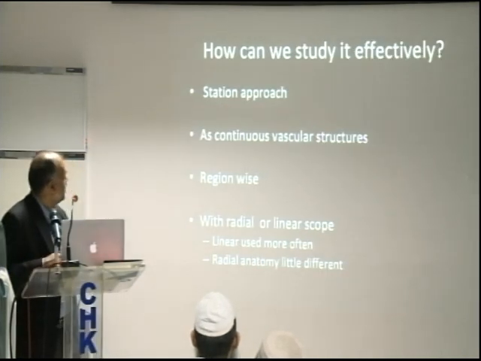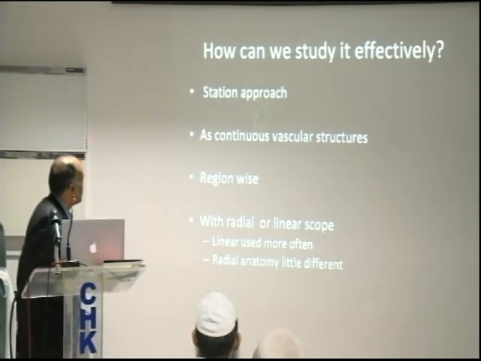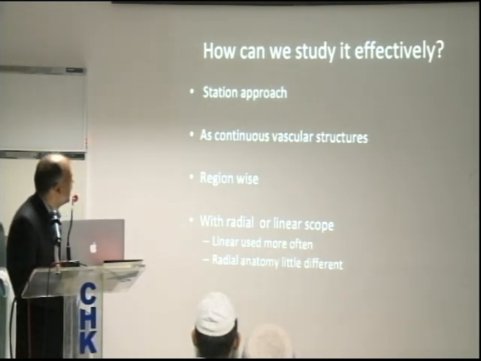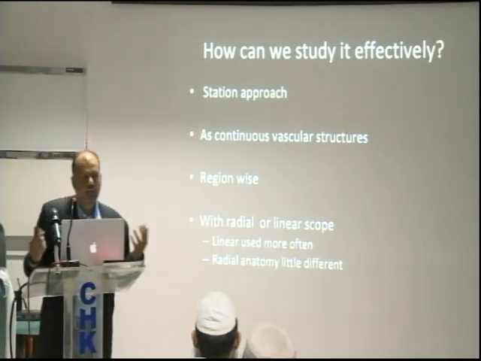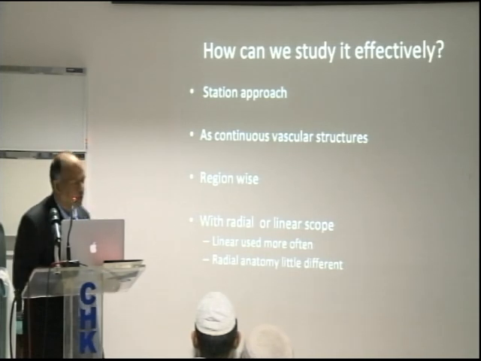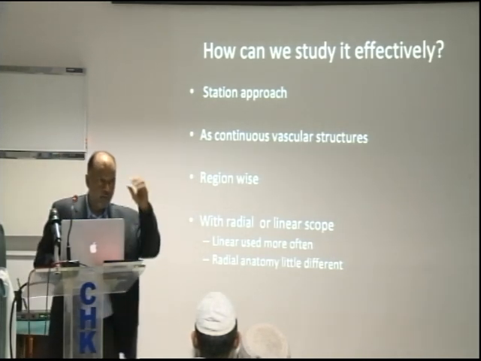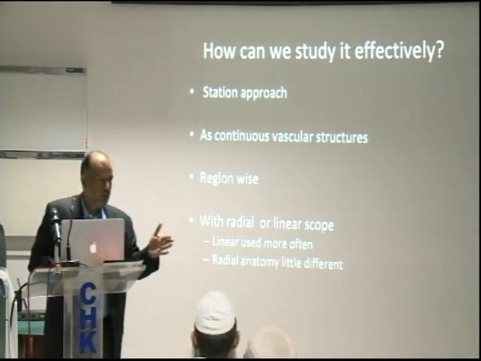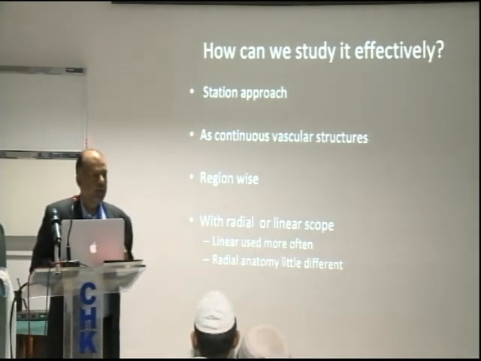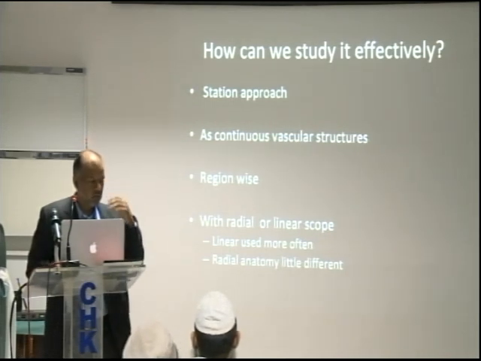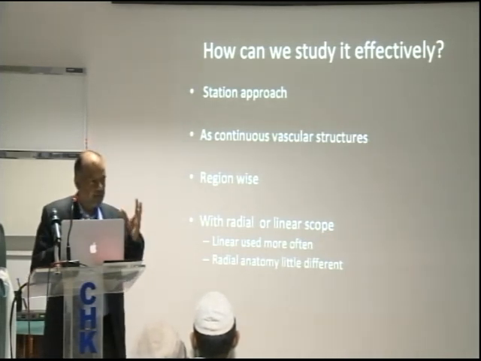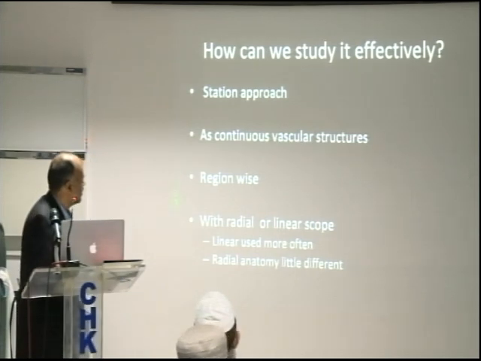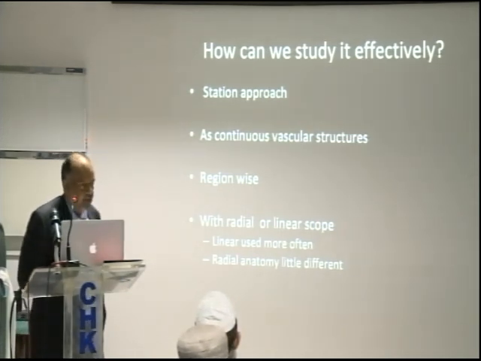All right, the station approach I will not go into, we already talked about it. Should we look at the vessels as continuous vascular structures, or region-wise? My suggestion is that if you think of them as a whole structure which you can follow, it's much better, because it leads you to other structures and gives you a holistic picture rather than dividing it region-wise.